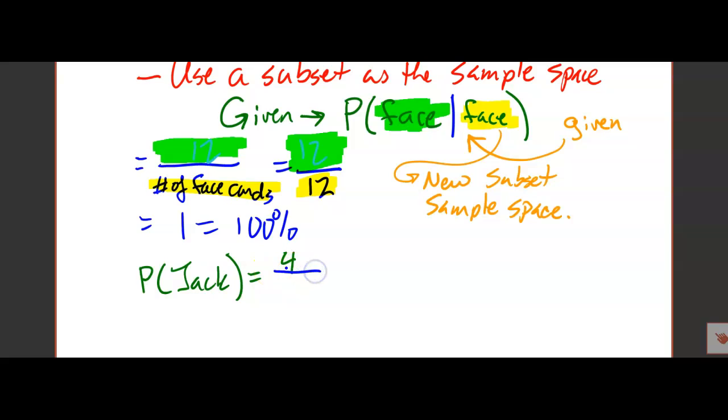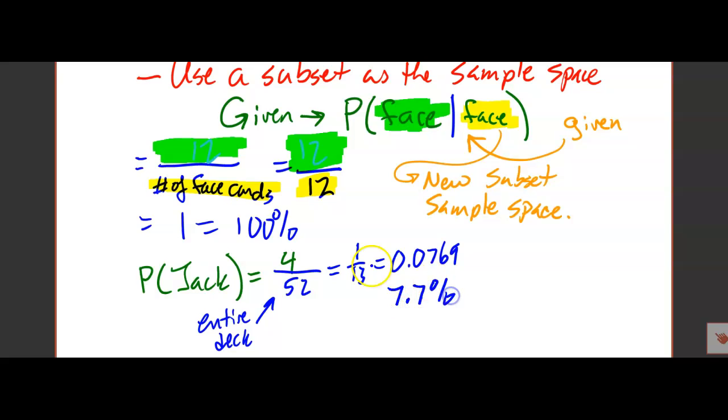And since I'm not doing a conditional set, what am I pulling from? The entire deck. So my space is the deck, and that's 52. So that equals 1 out of 13, which is 0.0769 or 7.7%.